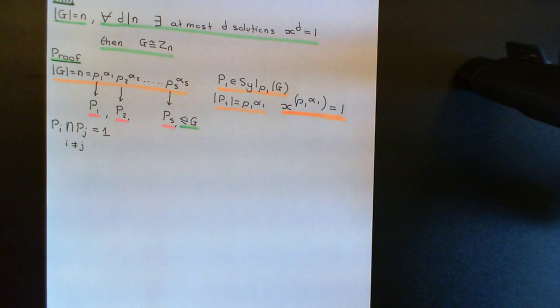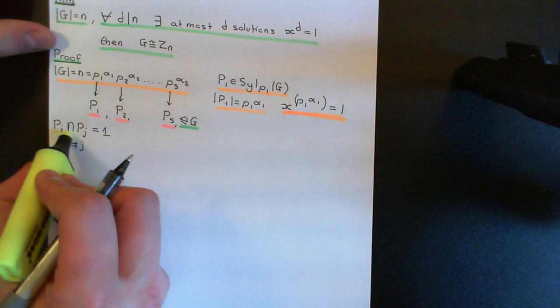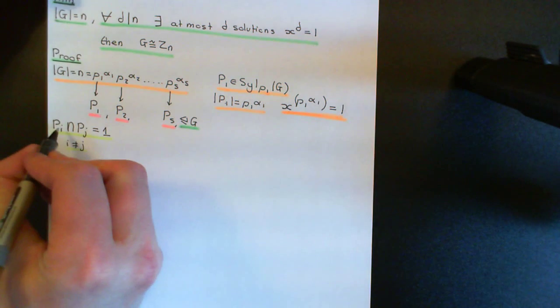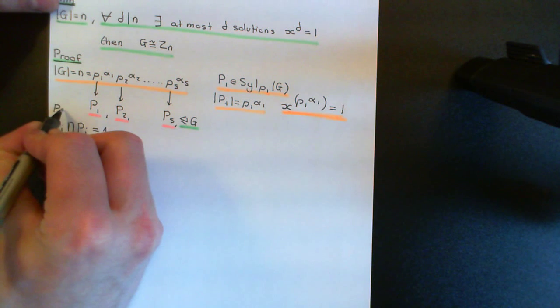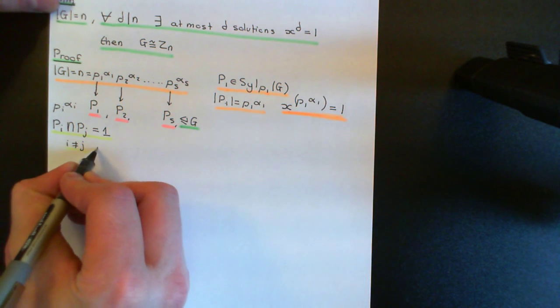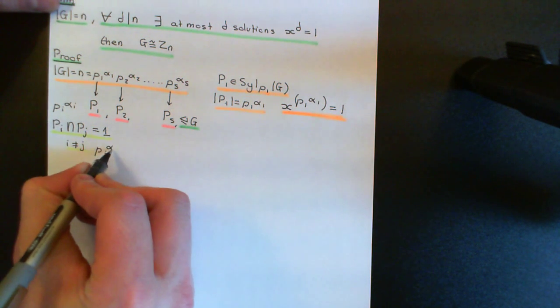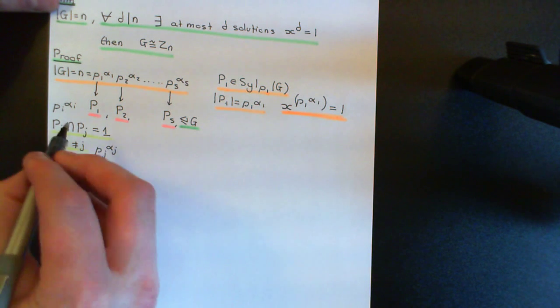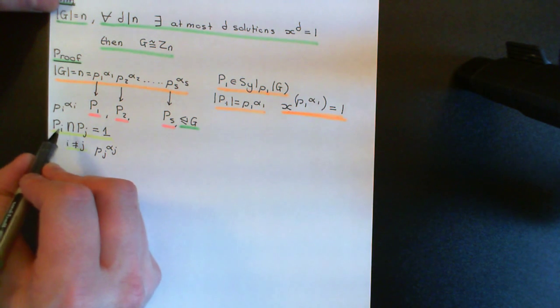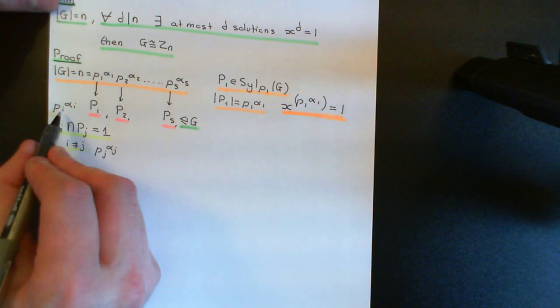And why is that going to be? Well, think about the orders of these. The Sylow pi subgroup has order pi to the power of alpha i. The Sylow pj subgroup has order pj to the power of alpha j. The intersection of these two is going to be a subgroup of both of them, and therefore must have an order that divides both of them.